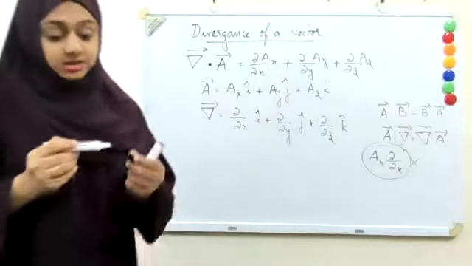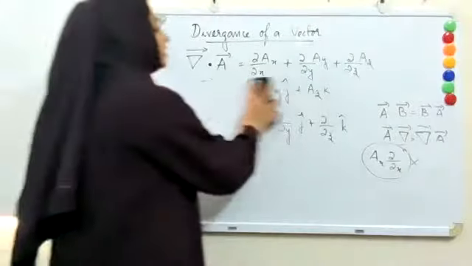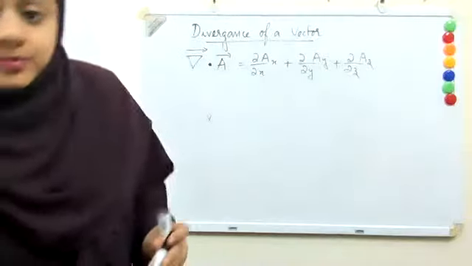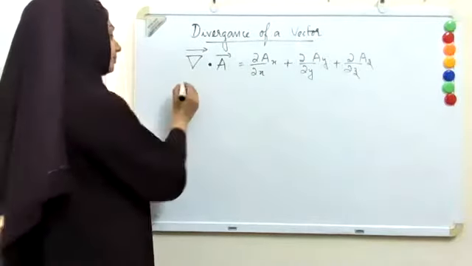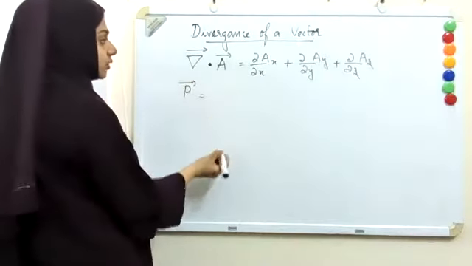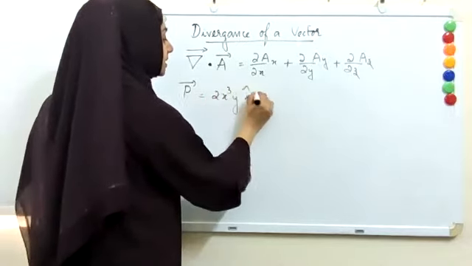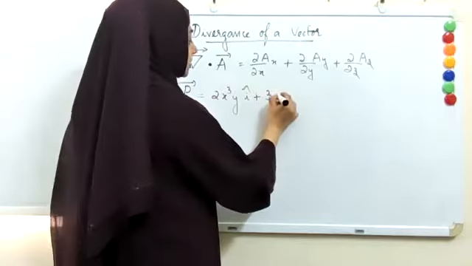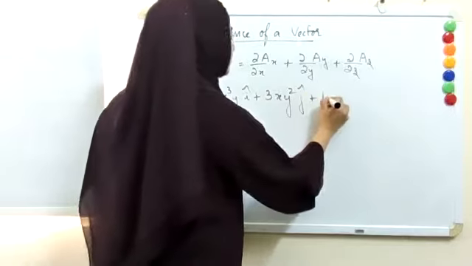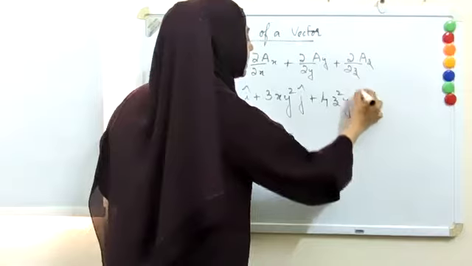Now I will take an example and show how we can take the divergence of a vector. Suppose you have a vector P equal to 2x cube y i plus 3x y square j plus 4z square y k.